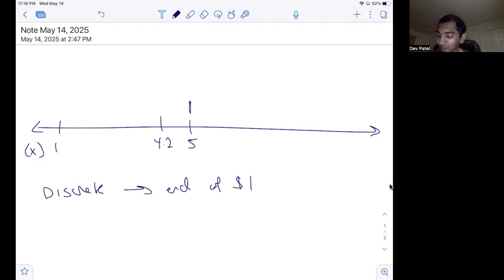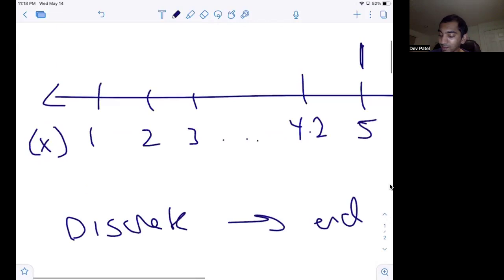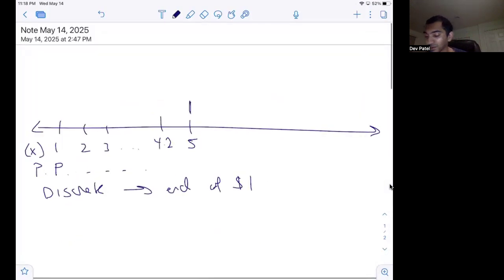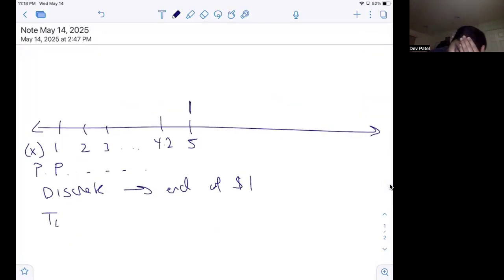So let's just label these. And let's say the premium of P is collected. Now, one thing to note is we know that T of X is the random variable representing the future lifetime of a person aged X. V to the T of X is now the present value of the random variable of the future death benefit.